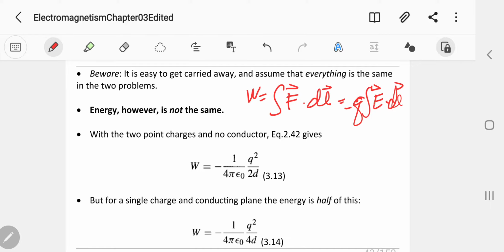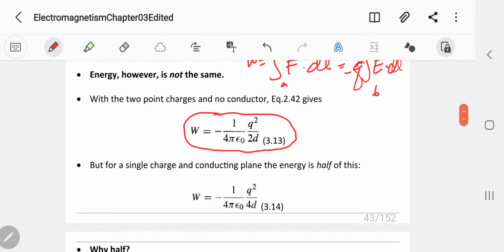When you put the negative sign before the integral, you just change the direction, since this is A to B, so this is just B to A. So when you do this, you will get this.